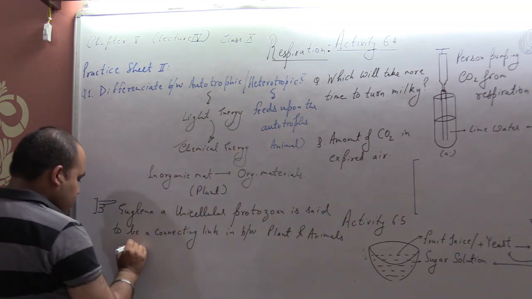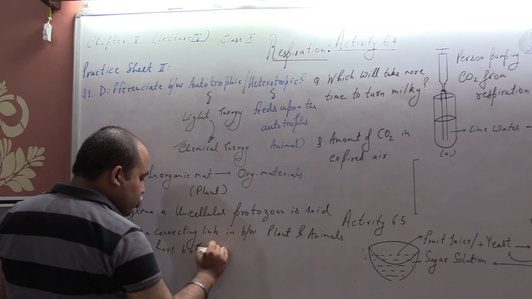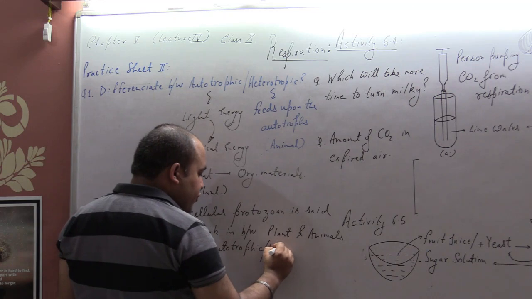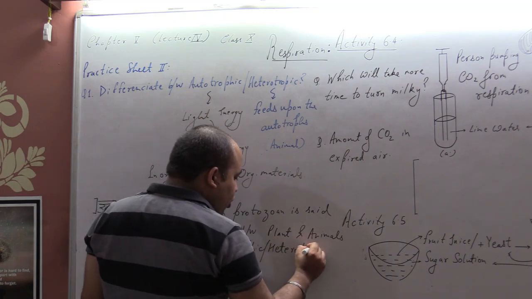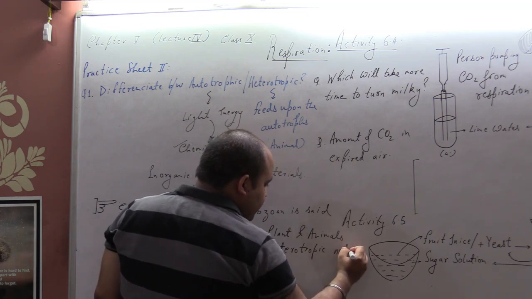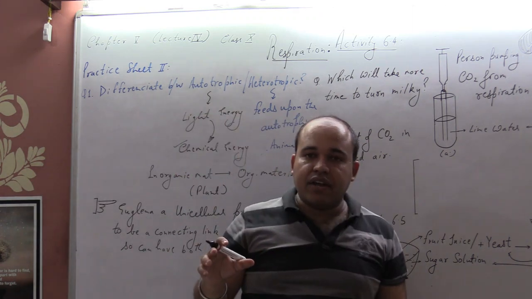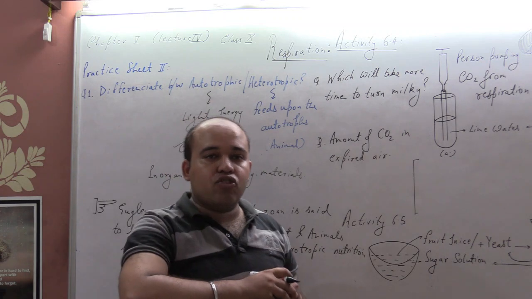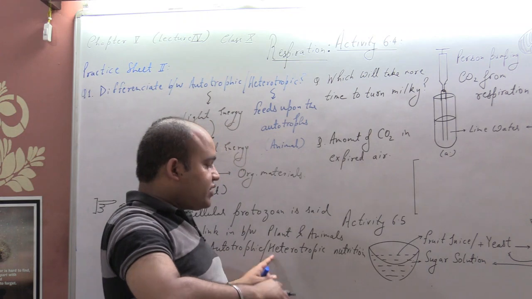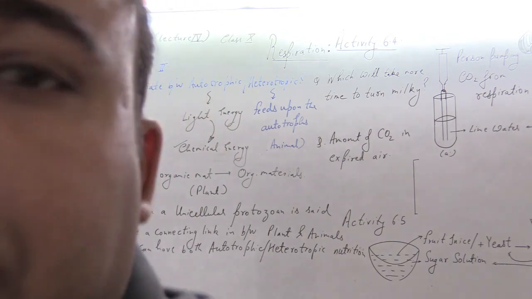They can have both autotrophic or heterotrophic mode of nutrition. It can biosynthesize its own food in the presence of sunlight and can feed upon other microbes, algae, fungus in the absence of sunlight. So it can act as an autotroph as well as a heterotroph. This is the first question. Hopefully this is clear to you.